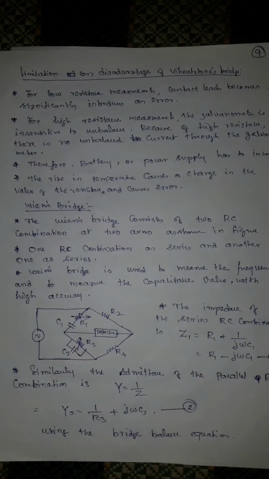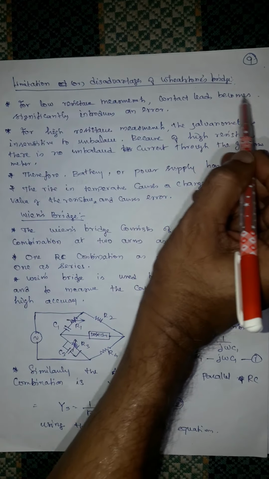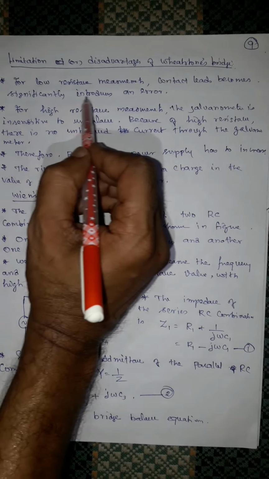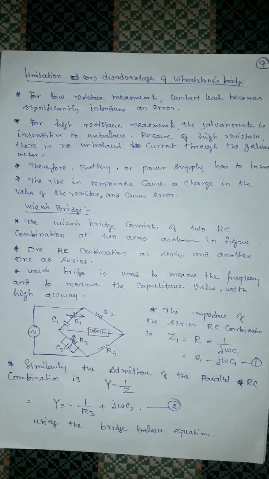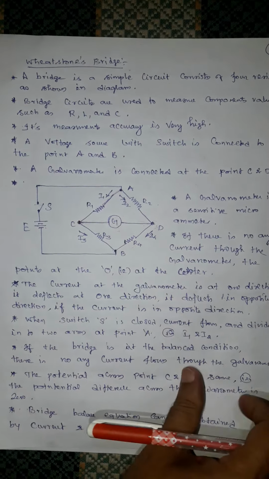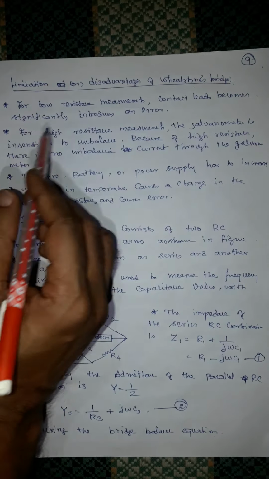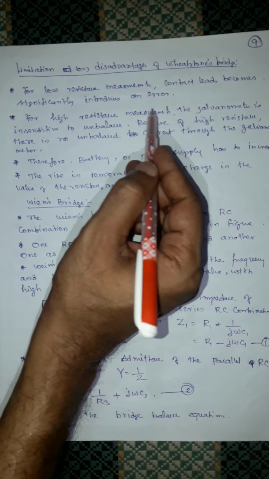Then the limitations and disadvantages of the Wheatstone bridge. For low resistance measurement, contact leads introduce a significant error.